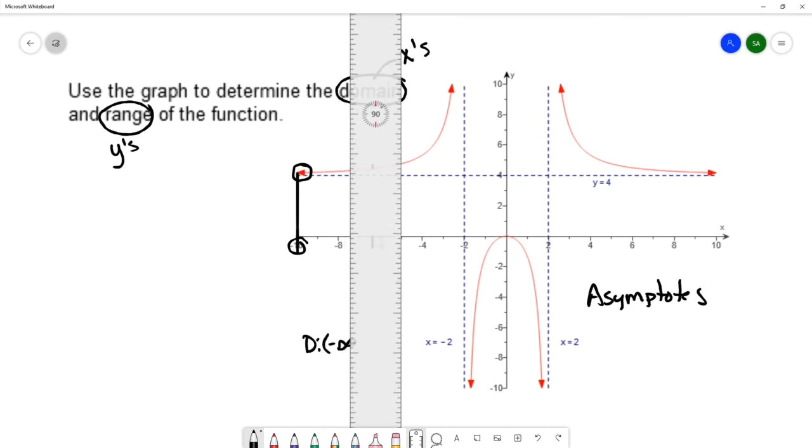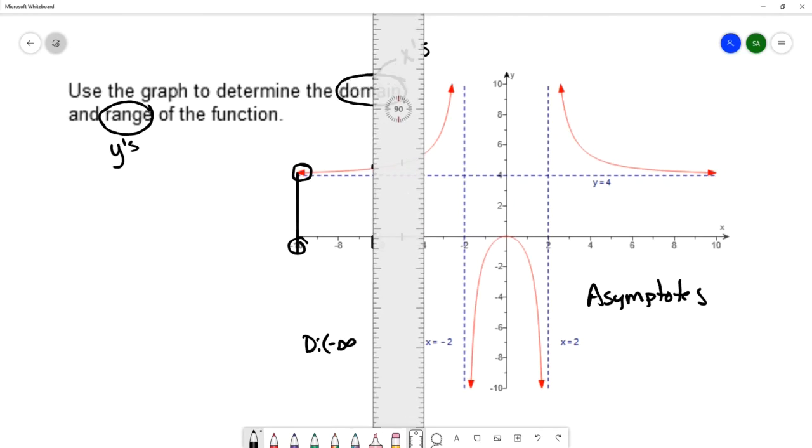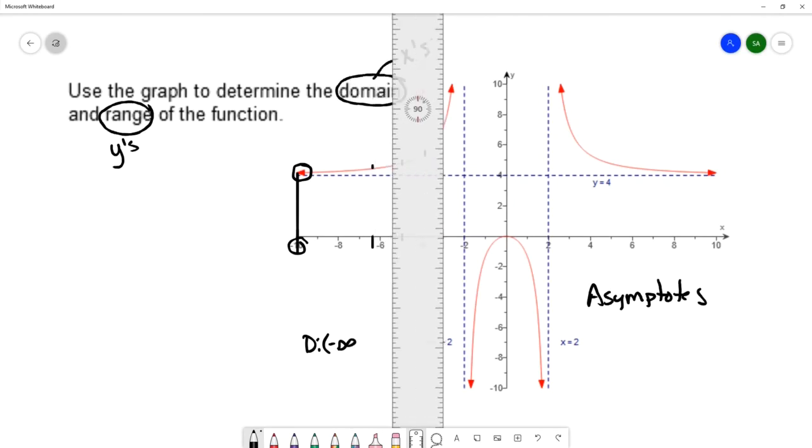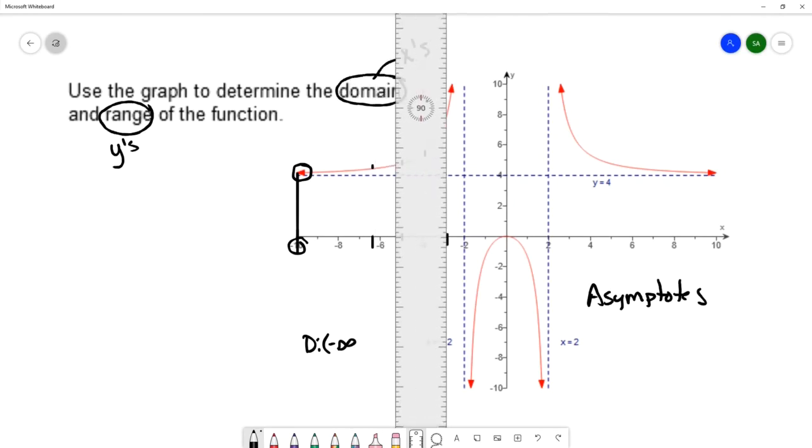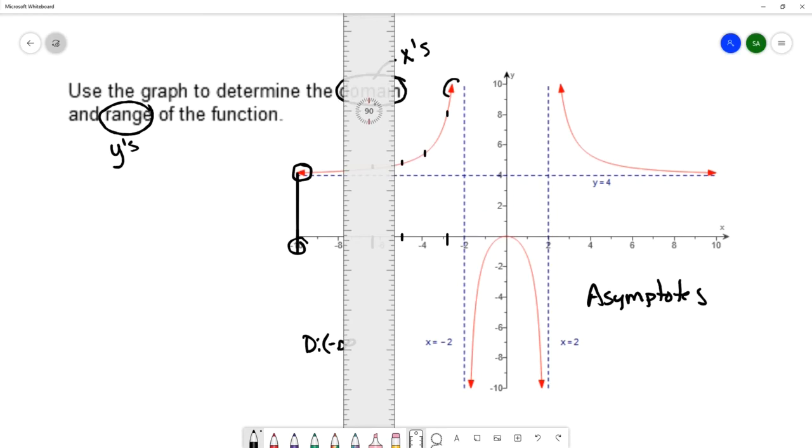As long as my ruler is touching the graph, I know the domain continues. So the domain continues on, and then we get to this arrow. That's where knowing what this arrow means along with this line is helpful. The arrow means that the pattern continues going up and to the right.